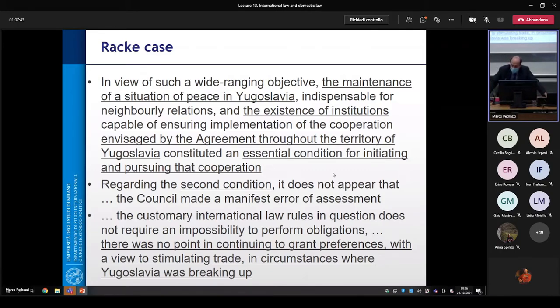What we can say, however, is that certainly a war between two countries will extinguish or at least suspend agreements which are totally incompatible with the situation of war. For example, a treaty of alliance.